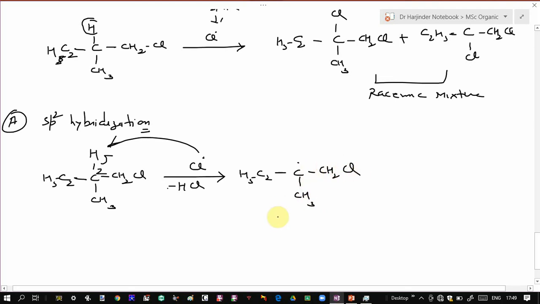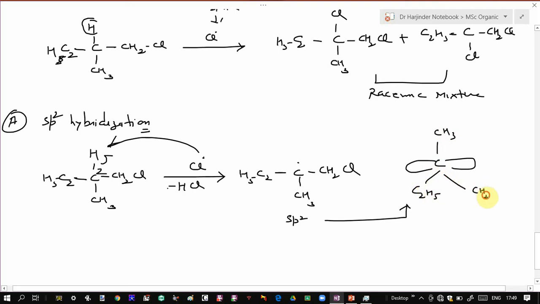Now suppose it has sp2 hybridization. Sp2 hybridization means it has a trigonal planar geometry, like this, and the free radical is in the unhybridized p atomic orbital.